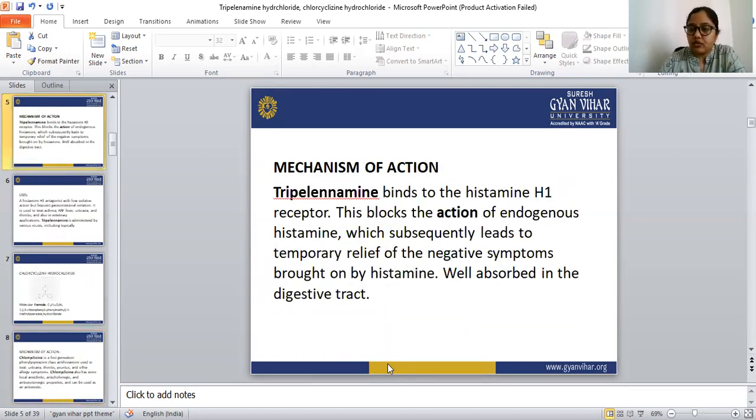Let's see the mechanism of action of triplenamine. Triplenamine binds to the histamine H1 receptor. It is an H1 antagonist antihistaminic drug.